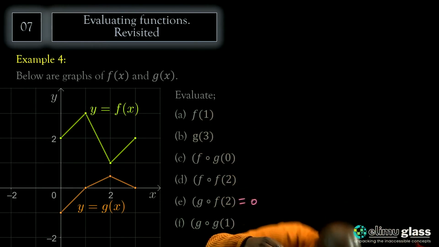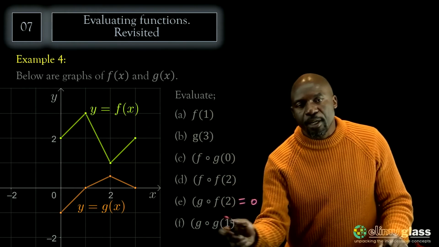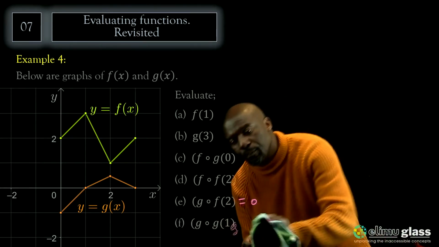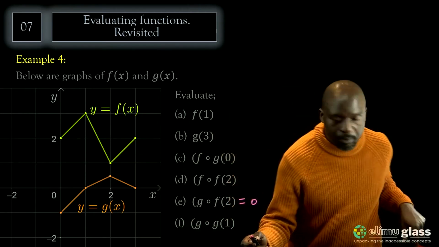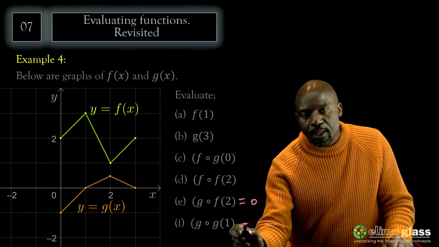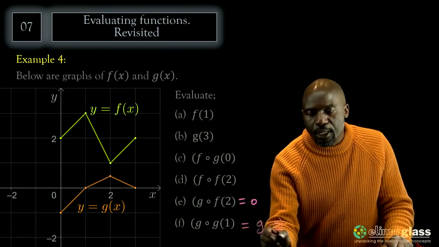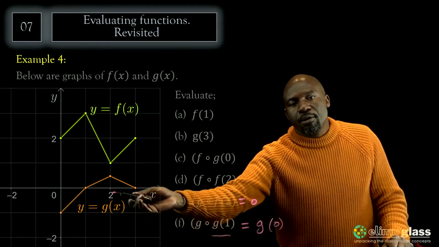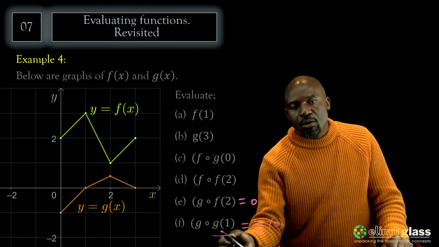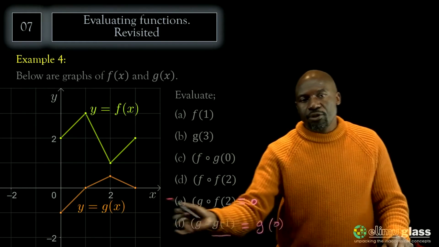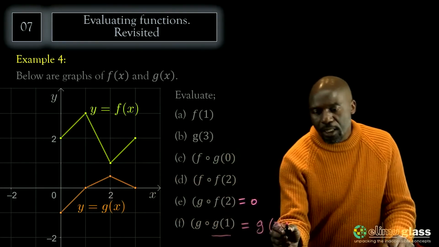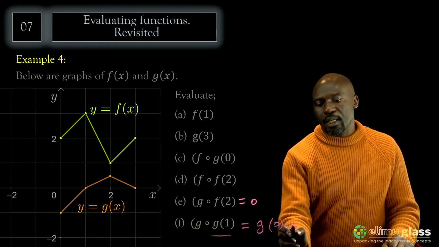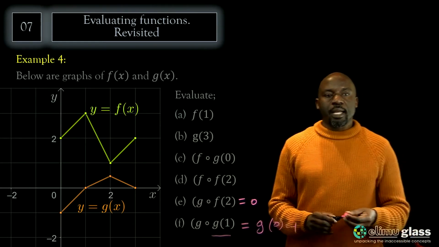So this is the same as writing g of 0, because this part here, g of 1, is 0, and so g of 0, and g of 0 is negative 1. So we can conclude that g of g of 1 is actually negative 1, like that.